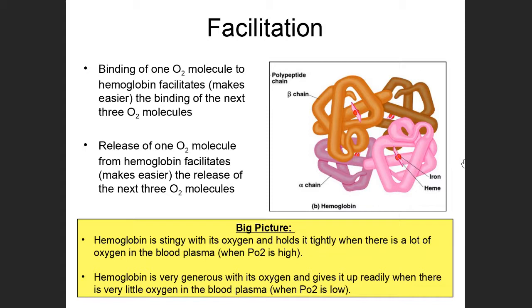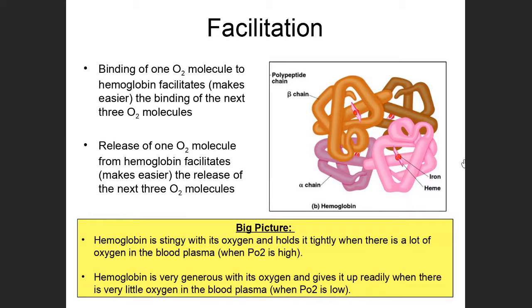They've got plenty. If we start to see oxygen breaking away from the hemoglobin, again, having that first one leave is really difficult, but that makes it easier for the second one, easier for the third one, easier for the 4th one even still. This is because hemoglobin is very generous with its oxygen and it gives it up very readily when there's very little oxygen in the blood plasma.